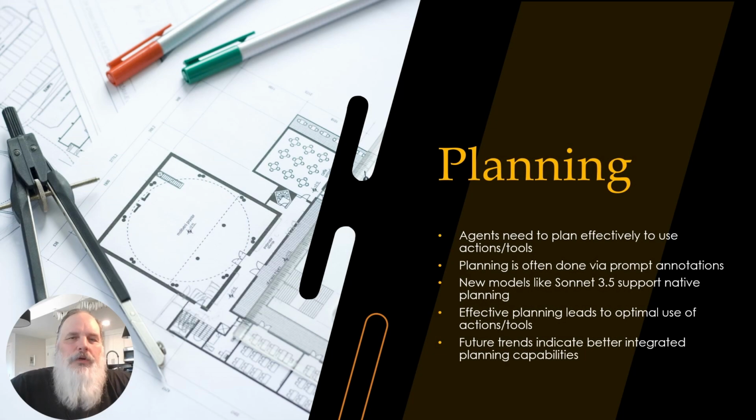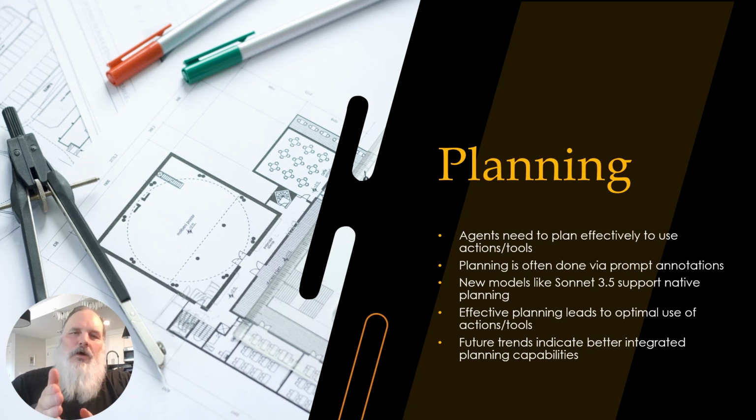Okay, so we can't really talk about actions without talking about planning. Planning is the ability for an agent or assistant to execute multiple tasks and feed the output from one task as the input into another task. The OpenAI Assistants API has a built-in planner that allows the assistants to plan out a number of actions. We'll see that in the demo coming up, versus your typical ChatGPT LLM, which can execute an action, but then it can't really go any farther.